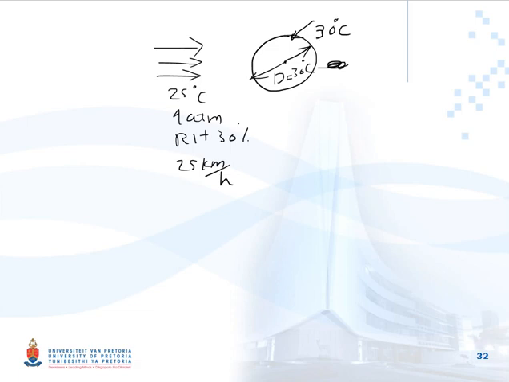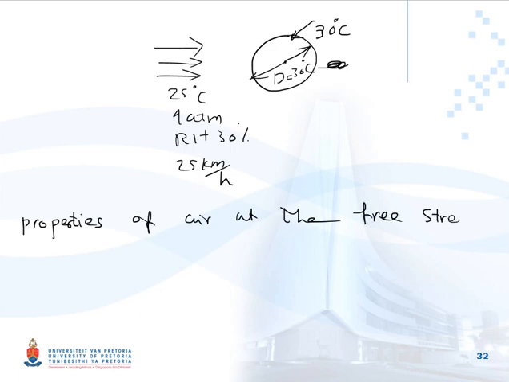Okay, so the air water vapor mixture is assumed to be dilute, and because of that we can use dry air property for the mixture. So property of air at the free stream temperature of 25 and 1 atmosphere.